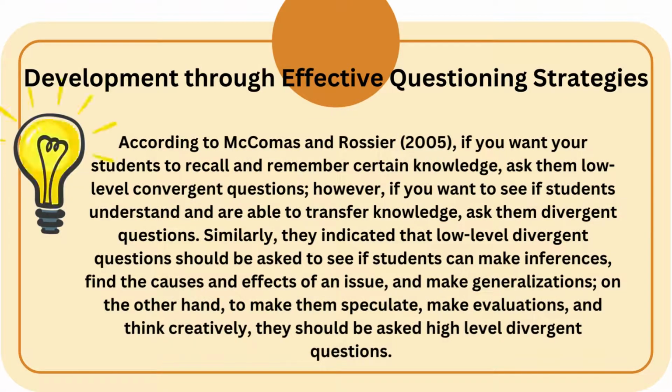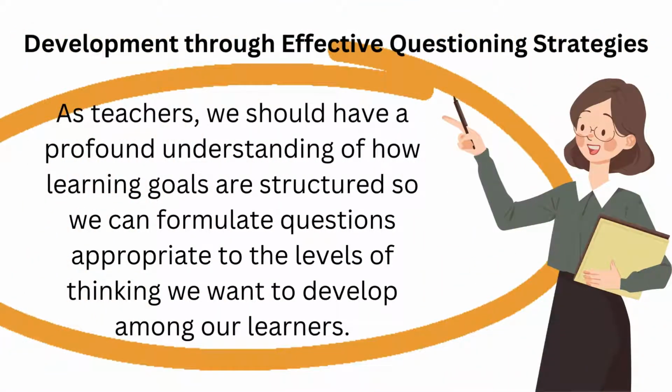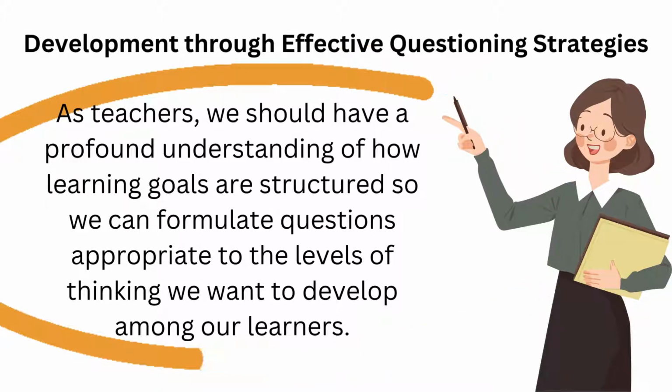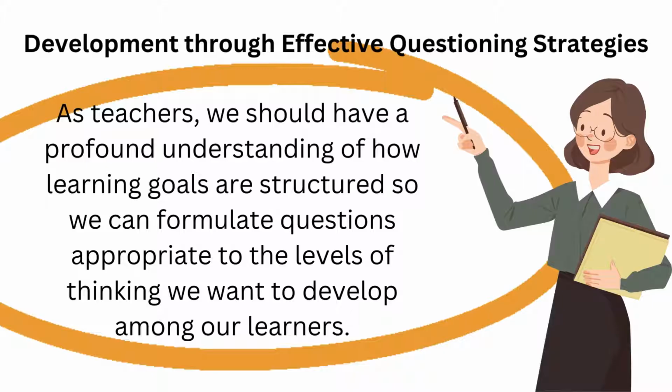Similarly, they indicated that low-level divergent questions should be asked to see if students can make inferences, find the causes and effects of an issue, and make generalizations. On the other hand, to make them speculate, make evaluations, and think creatively, they should be asked high-level divergent questions. As teachers, we should have a profound understanding of how learning goals are structured so we can formulate questions appropriate to the levels of thinking we want to develop among our learners.